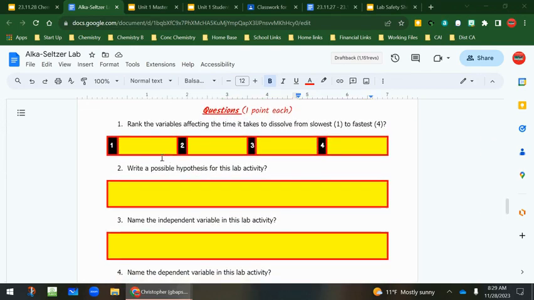So again, in here, rank the variables affecting the time it takes to dissolve from slowest to fastest. So what I'm expecting to see in here is hot water, cold water, room temp water, 7-Up, in some order. Those were our variables. So those four things are what you're going to put in here.